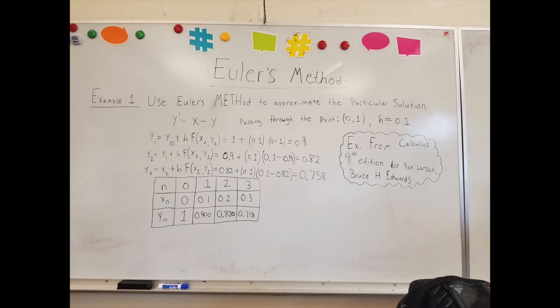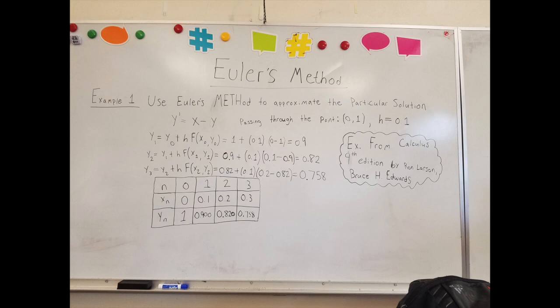So what you do is plug in your starting values. Your y sub 0 is 1, your h is 0.1, and for the f of x sub 0, y sub 0 part, you plug 0 and 1 into the equation you originally had, which was x minus y. Your x is 0, your y is 1, so 0 minus 1 is negative 1.